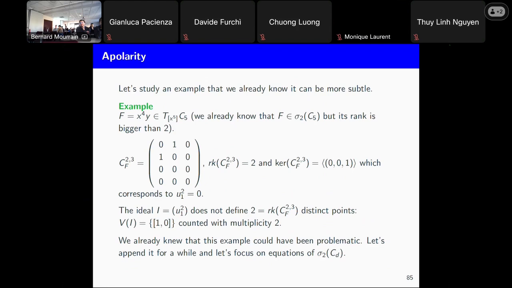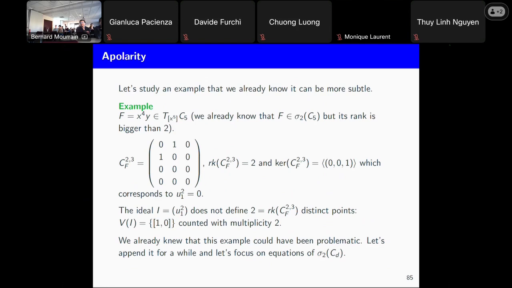And so this is the polynomial u1 square, which defines the point (1, 0). It's one point only.